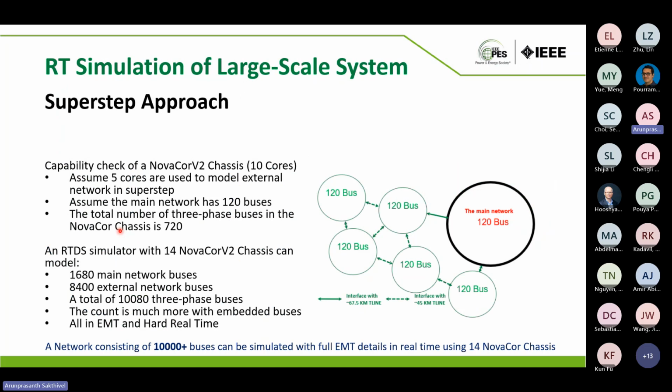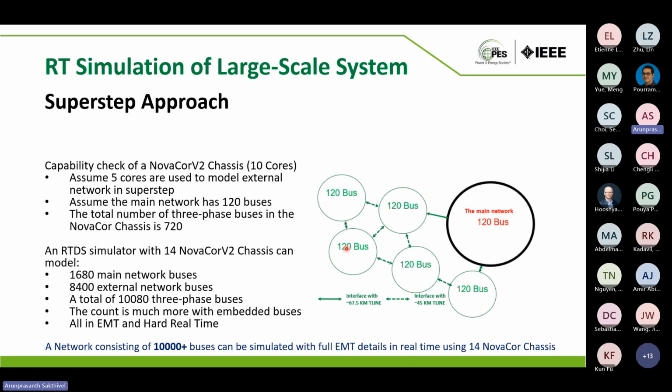Okay, so let's put some numbers here just to know how big a simulation can be done. With the superstep approach, let's look at the capability of the latest simulator, the NovaCore version 2 chassis. Let's say it consists of 10 cores, and let's assume 5 cores are used to model the external network using superstep, as I have shown here.